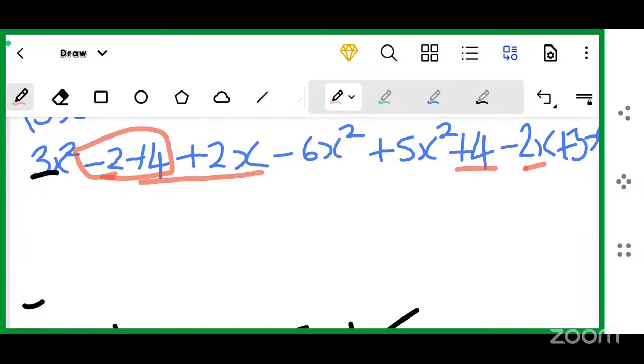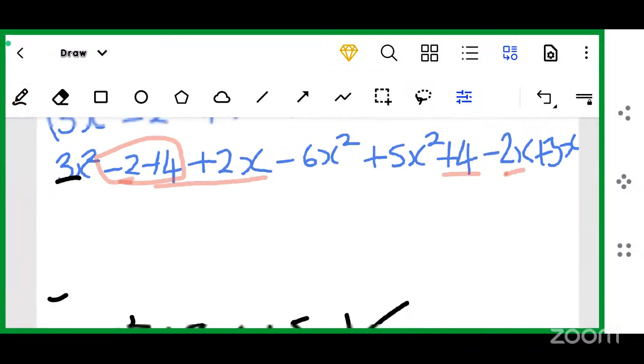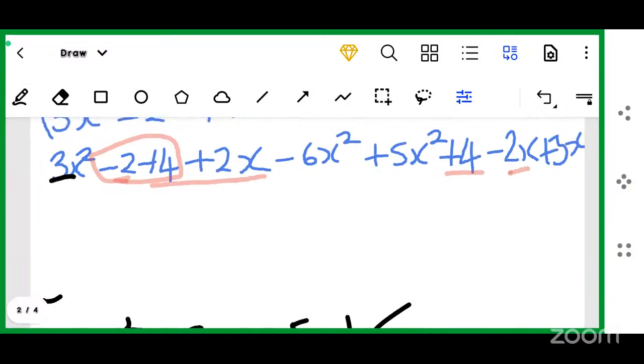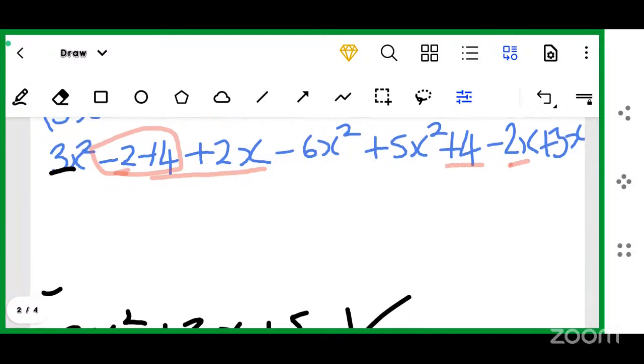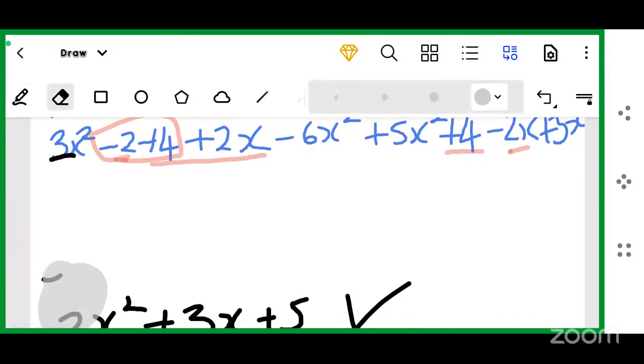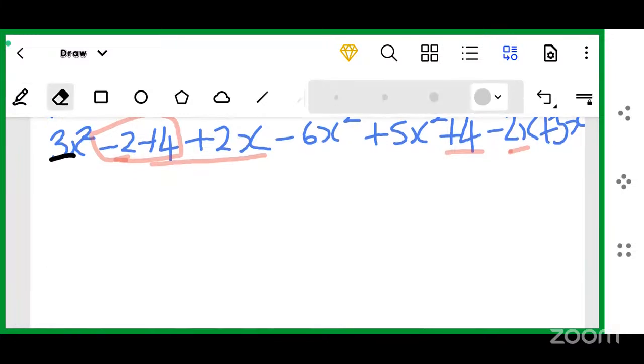Also, the 3x to the power of 2 and the negative 6x to the power of 2 plus 5x to the power of 2. So what were you going to write firstly?